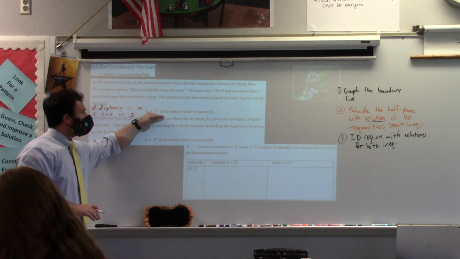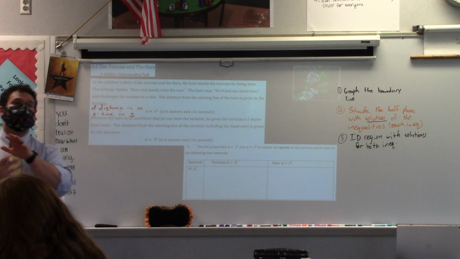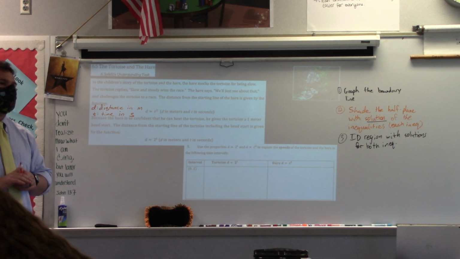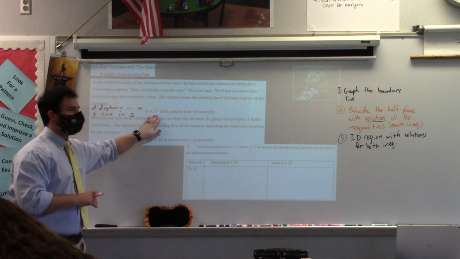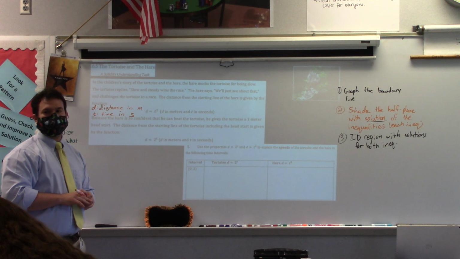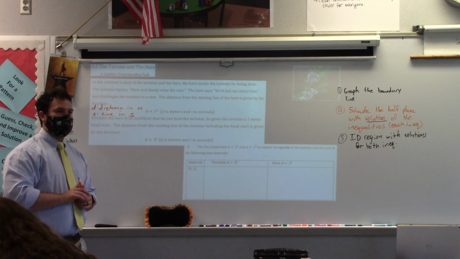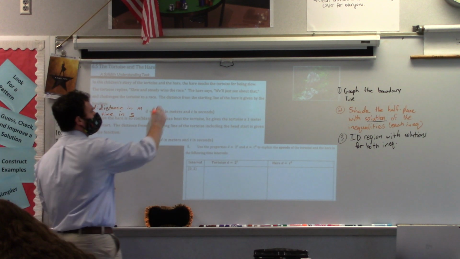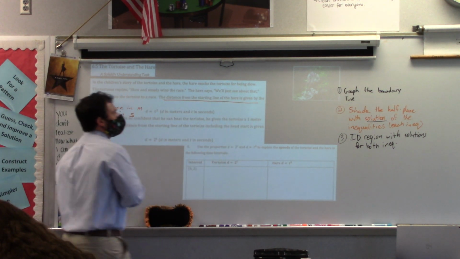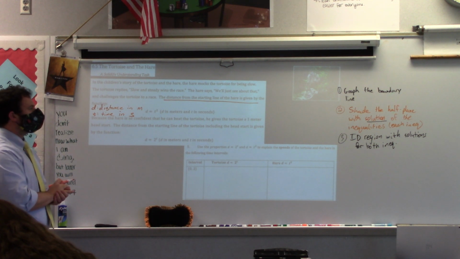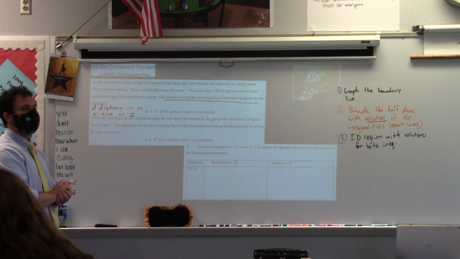And which equation are we referring to, or who is being modeled by this equation? The rabbit and tortoise. Which one is t squared? The tortoise. Where are you getting that information from? I just know. Now how about you read the sentence right ahead of this, Corell? The one that's underlined. The distance from the starting line of the hare is given by the function.